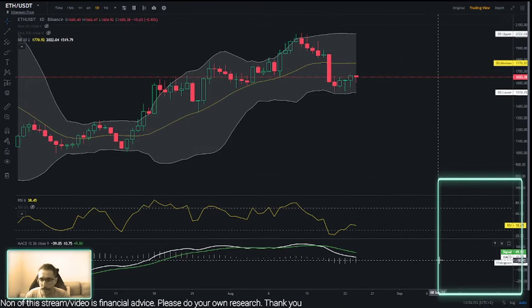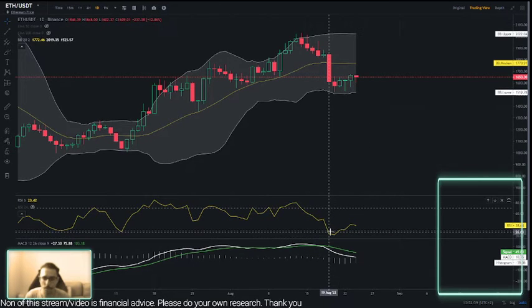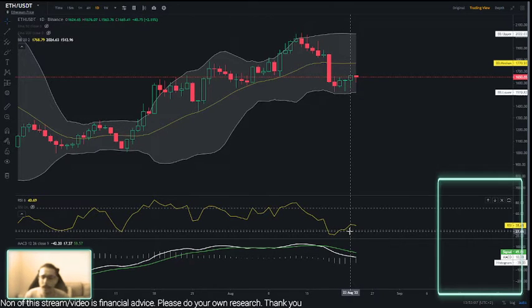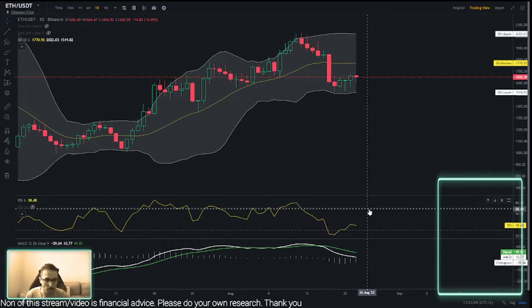RSI is 38, so it's not below the 30 where we are pretty sure, as we saw on Friday and on Saturday, we are at some kind of bottom, but we still have a lot more room to go on the upside.